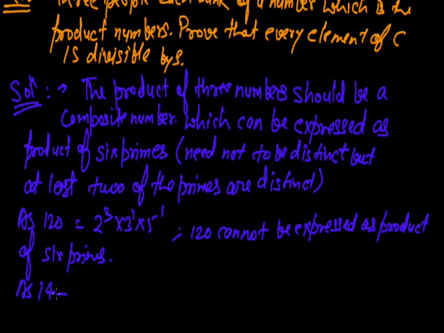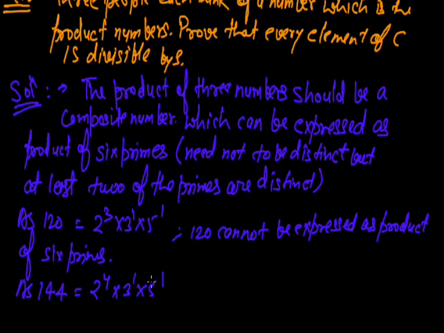As we can see that 144 is equal to 2 raised to power 4 into 3 raised to power 1 into 5 raised to power 1. We are taking the minimum cases, the least cases of prime factors having 6 prime factors, of which at least two are distinct. So the minimum value can be, let us take 3 and 5 as distinct numbers and 2 are same, that means 2 raised to power 4 into 3 raised to power 1 into 5 raised to power 1.